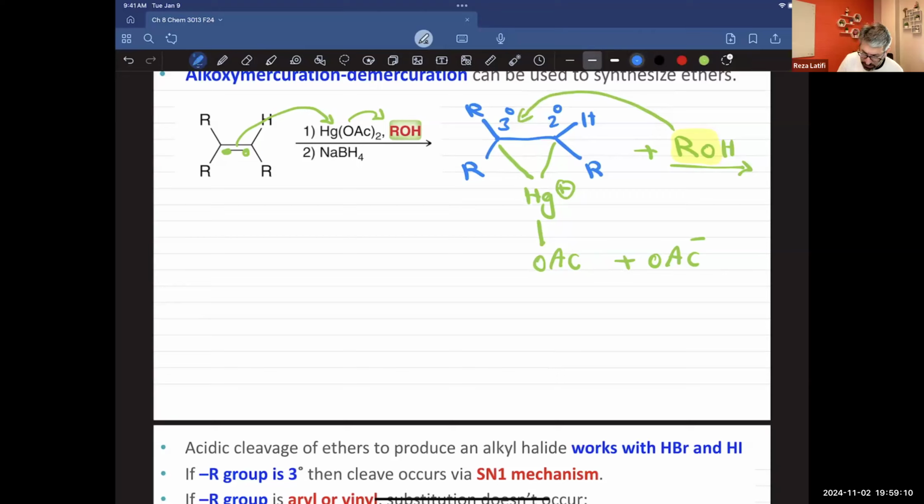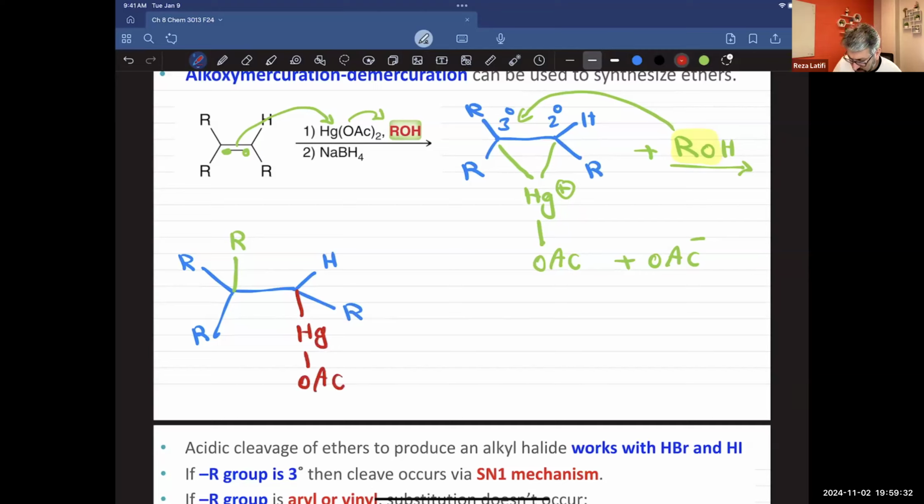And if that happens, we get this. We will have 3 R's attached to this carbon. And what else? Here we will have hydrogen and R. And now we will have the mercury attached to OAc there.